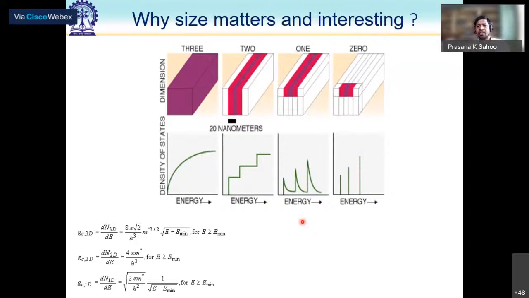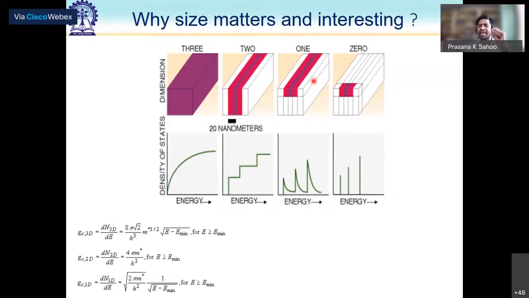The purpose is that in three dimensions, the electron can move in all possible ways. That's why they can hit each other, and because of the resistance the drift velocity is less. The moment you can control the motion of the electron, it becomes more useful to selectively develop specific devices.